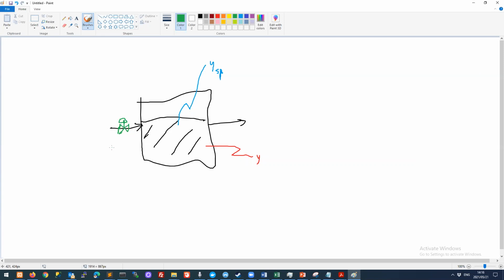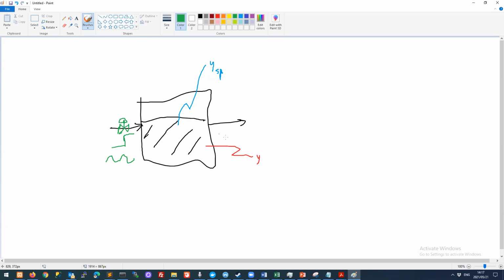We could consider different things like forcing a step function. If we step increase the flow rate here, or apply a sine wave at the inlet, how does the system respond? How does the state y change with time? That's what we call the open loop response.